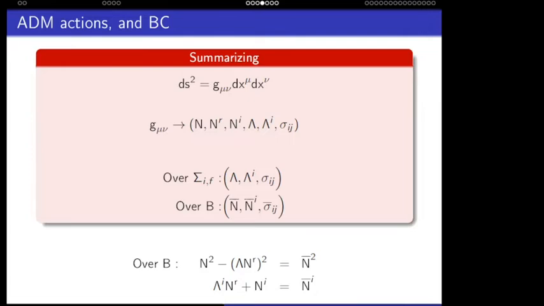But maybe the answer to your question is in this part. The point is that in this particular manifold, you fix different degrees of freedom. On these boundaries, you fix this, which are this and this. However, on this boundary, you fix this, which is a combination of these two parameters, and you fix this, which is a combination of the other parameters.